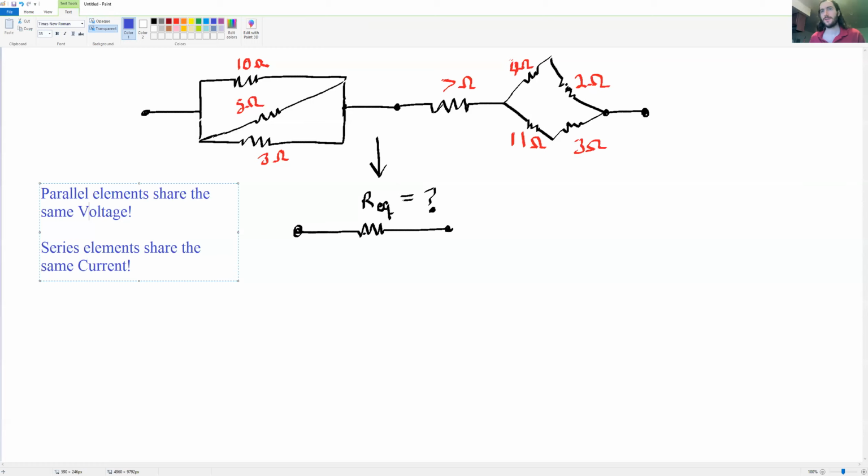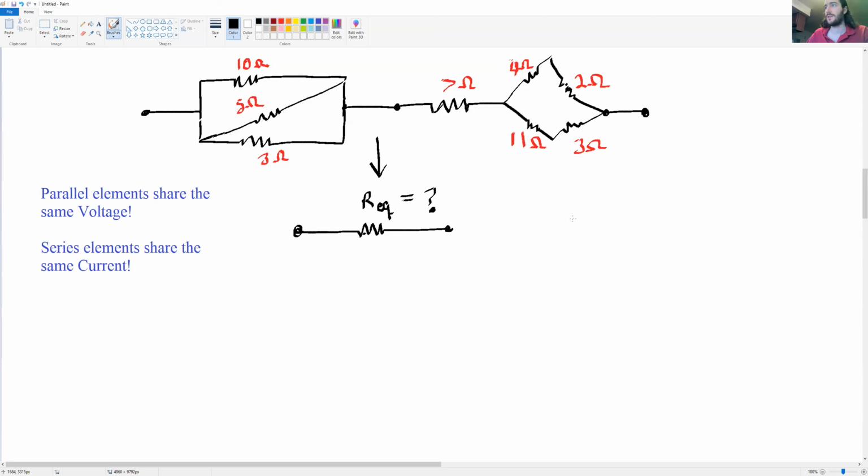If two elements share the same voltage, then you solve their respective equation for the voltage, and then you should immediately understand which formula to use.